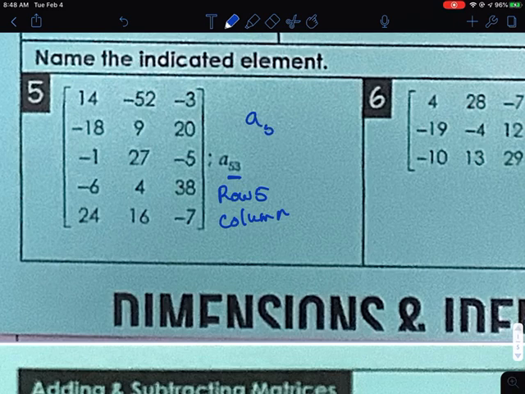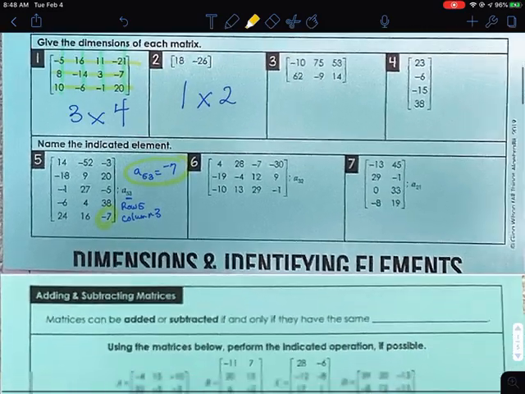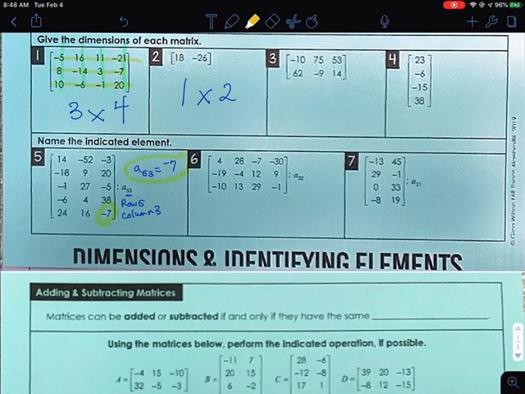So my A sub 53 is in row 5, 1, 2, 3, 4, 5, column 3. It is -7. All right, there's 2 left for you to work on.